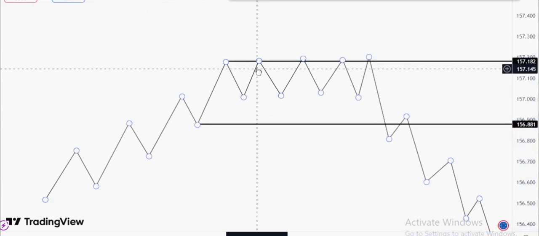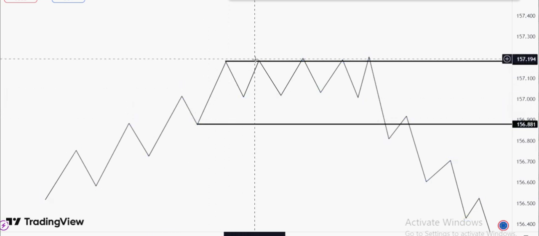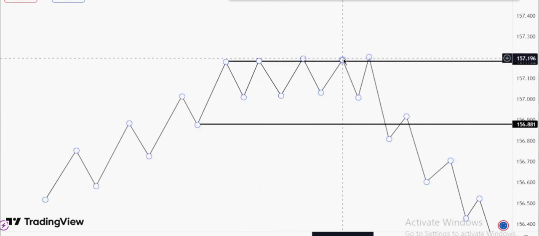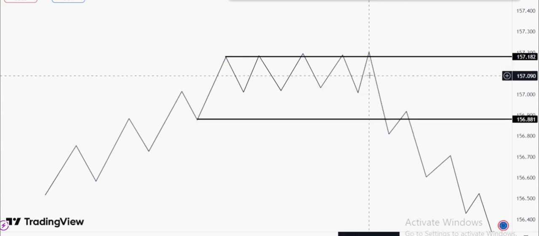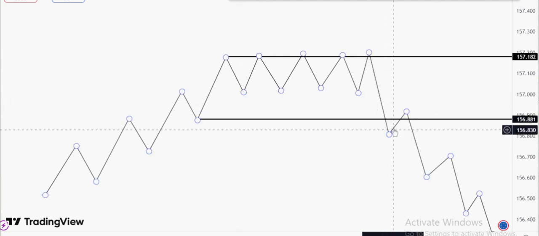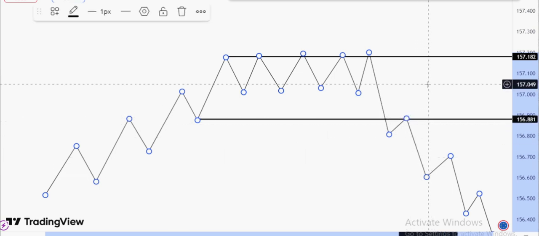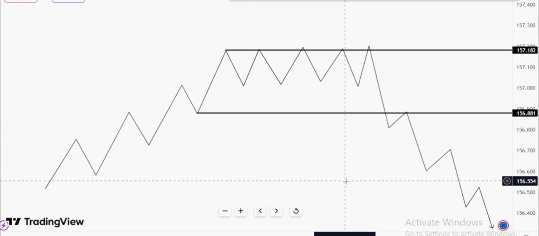It comes back, but then instead of doing what it did here, coming back and then breaking, it stays at the key level, comes back again and stays at the key level. You get the point? And then eventually it breaks our higher low here, comes back to the key level, and then continues down. So once we start understanding how markets move, and once you start incorporating patterns, the picture becomes clearer, right?